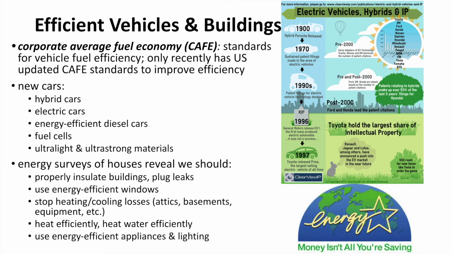So water heaters are one of the most energy consuming objects in the house. So how can we make that sort of a more efficient process? And the same is true for lights and other appliances that we have. So when you do your survey of your house, you'll start to see, okay, which appliances are the most energy intensive? What sort of lighting do you have?